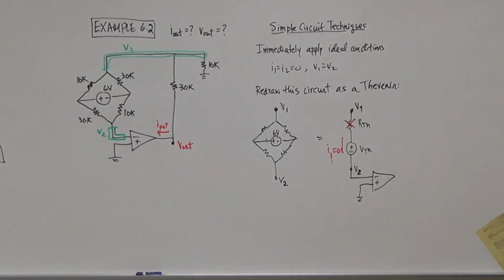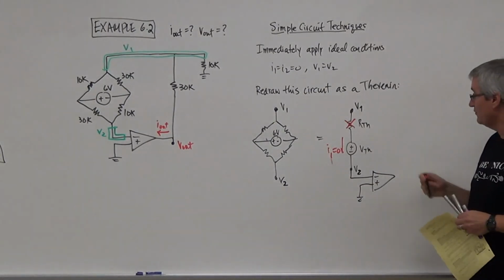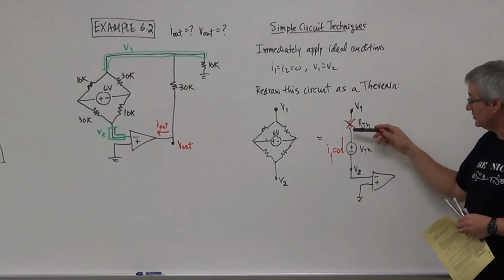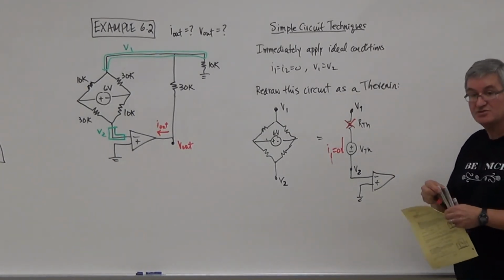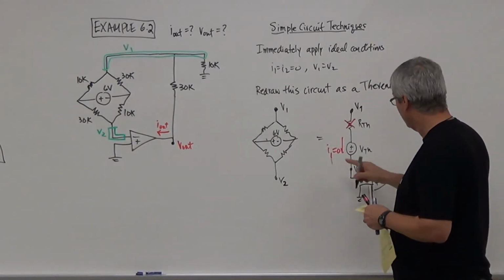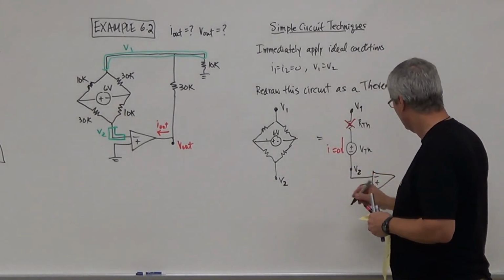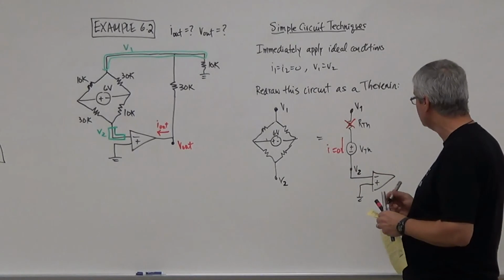Look at this. If the current along this branch is 0, then the Thevenin resistance gives no voltage drop. So if you look at this guy here, you can see that the current along this branch has to be 0, and this current has to be that way.